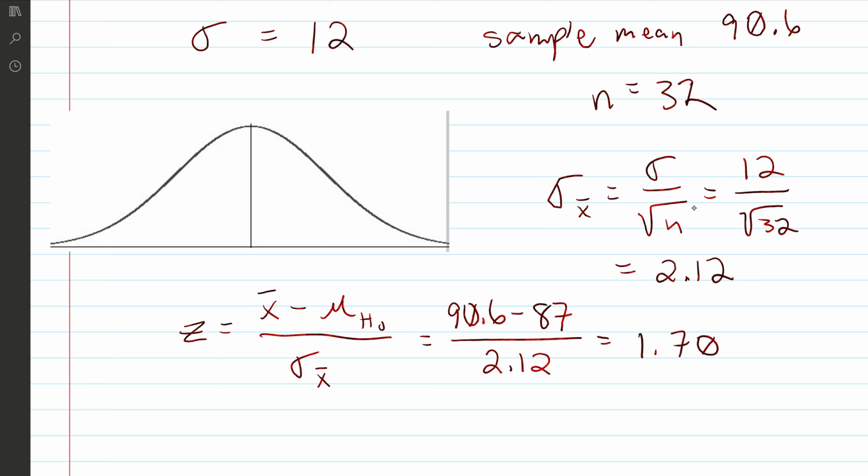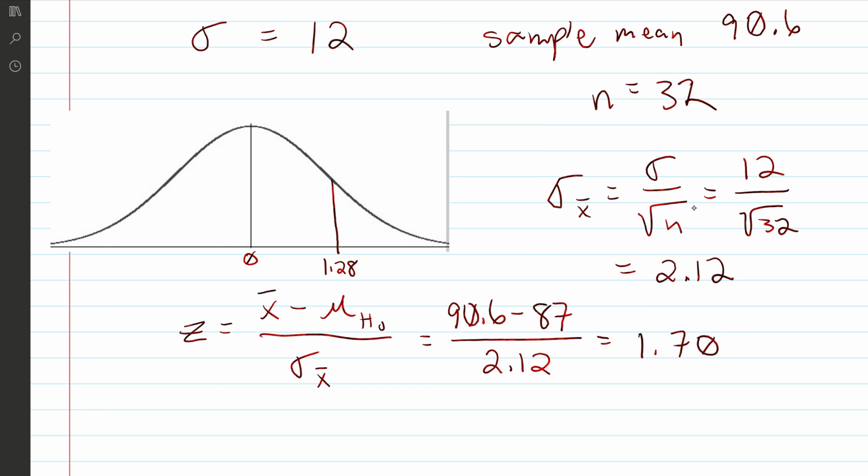Now looking at my graphical representation, we have 0, and that value of 1.28, right? That was my z critical. So that's going to be about right there. You can use critical z-score calculators online and find that out depending on your alpha.